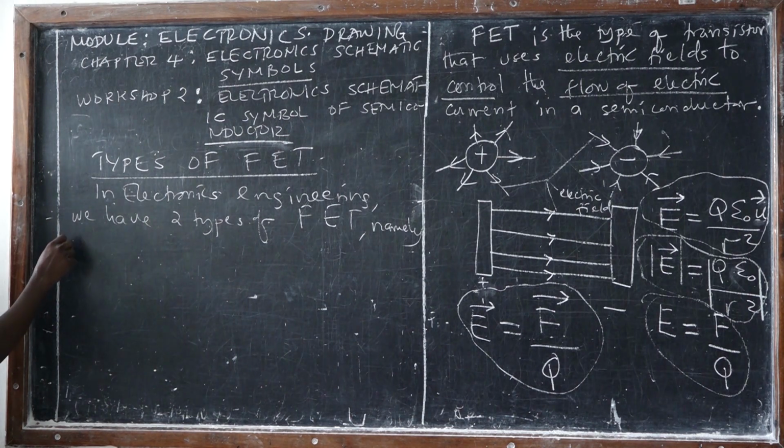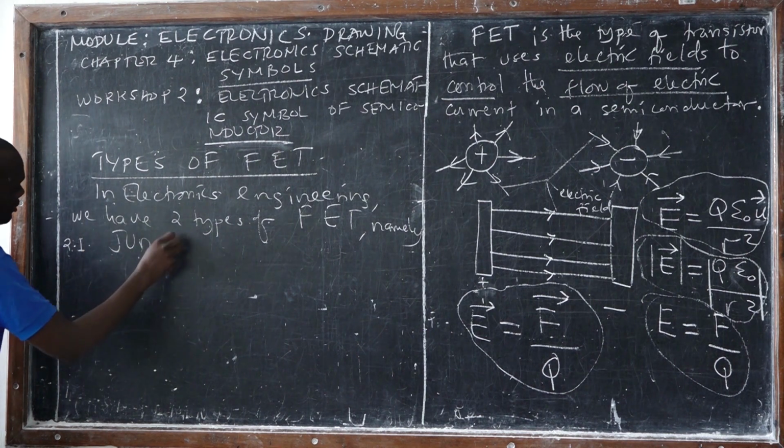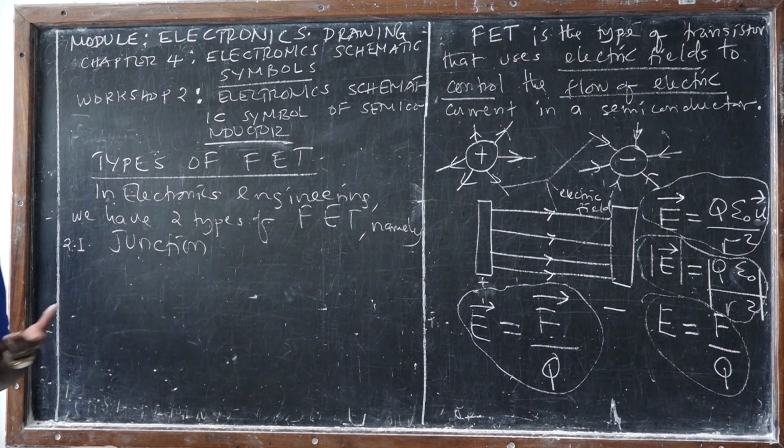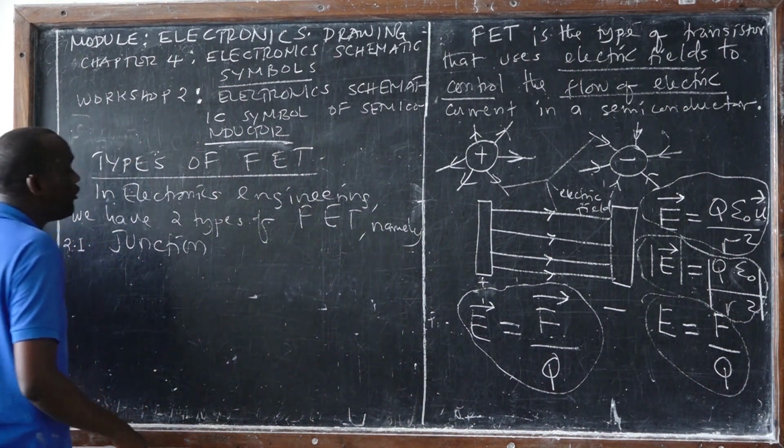The first one we call junction. This is fundamental electronics. Don't think that it's advanced electronics. This is fundamental, like vowels in language: A, E, I, O, U of electronics. So don't think that this is advanced stuff. These are fundamental. You still have a long journey to go. So it's called junction field effect transistor.